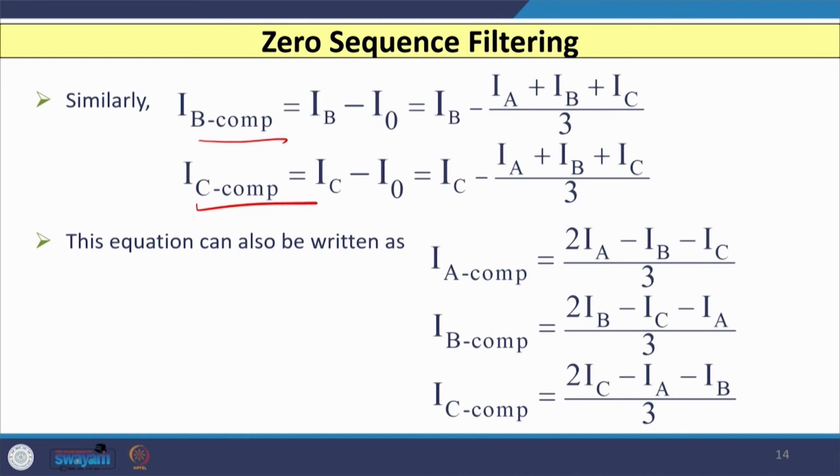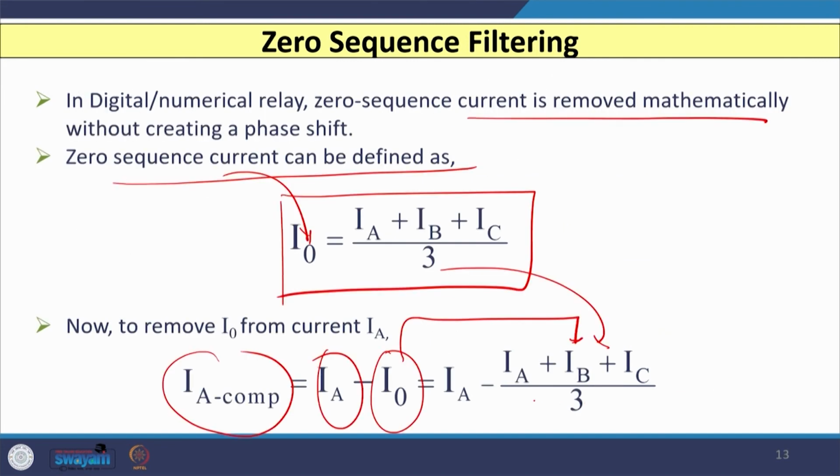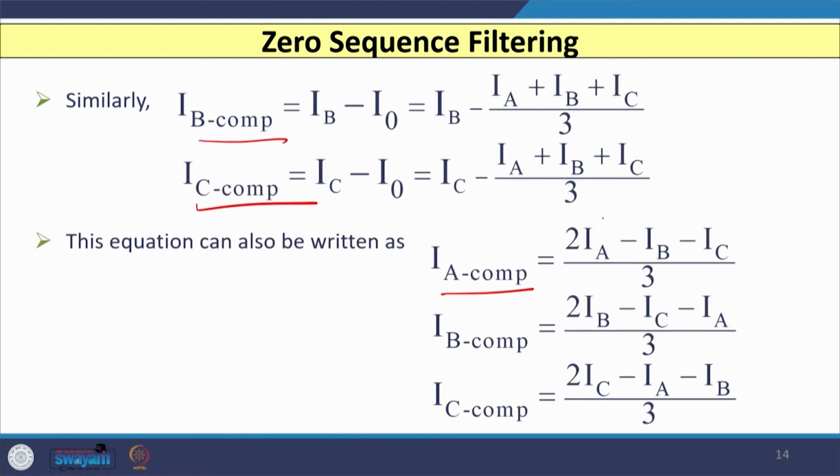If you solve this, 3 IA minus IA, we have 2 IA minus IB minus IC by 3. Same way, IB compensated is 2 IB minus IC minus IA by 3, and IC compensated is 2 IC minus IA minus IB by 3.